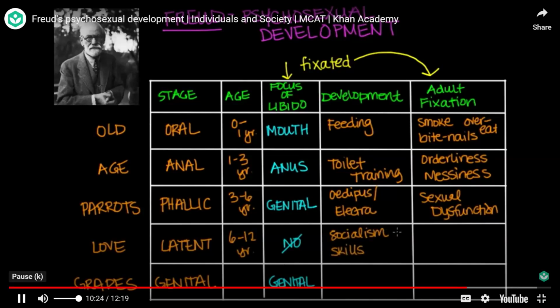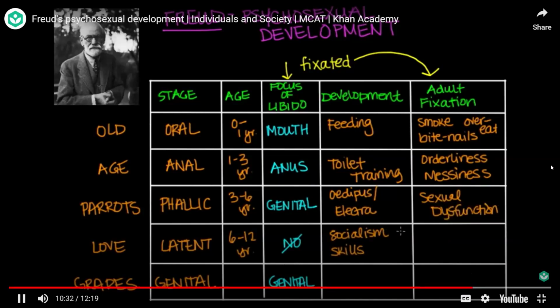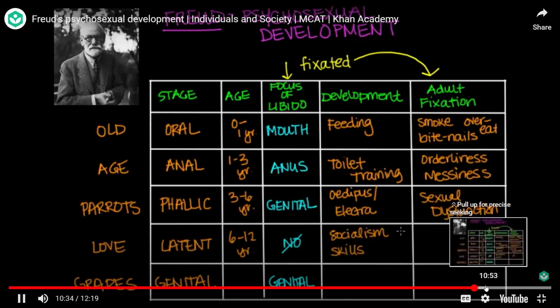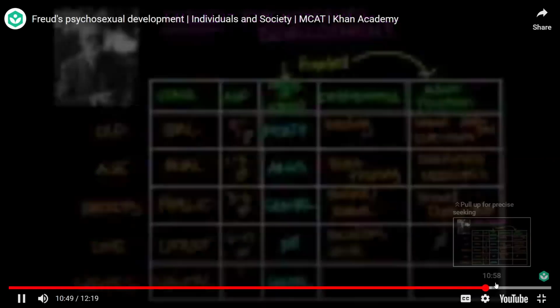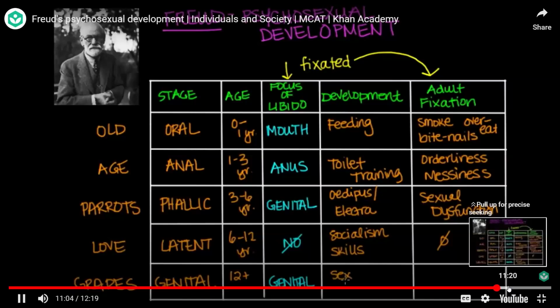So this begins around the time that children enter school, and so they become more concerned with peer relationships, hobbies, and other interests. And play between children starts to become largely confined to children of the same gender. The last stage is the genital stage, which occurs from puberty. So they're starting to reach sexual maturity till death.